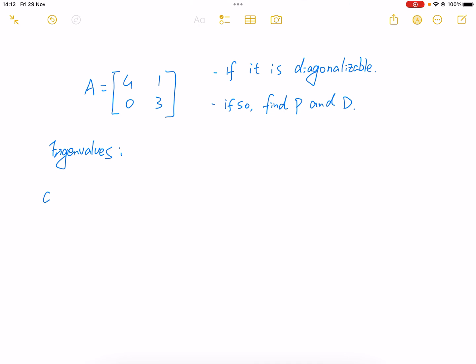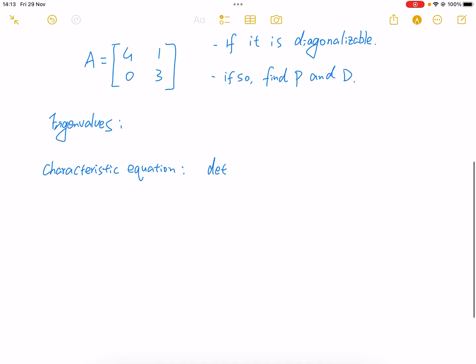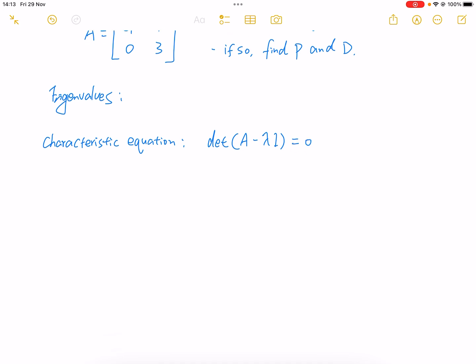Our characteristic equation for this matrix A is the determinant of A minus lambda times the identity matrix equals 0.